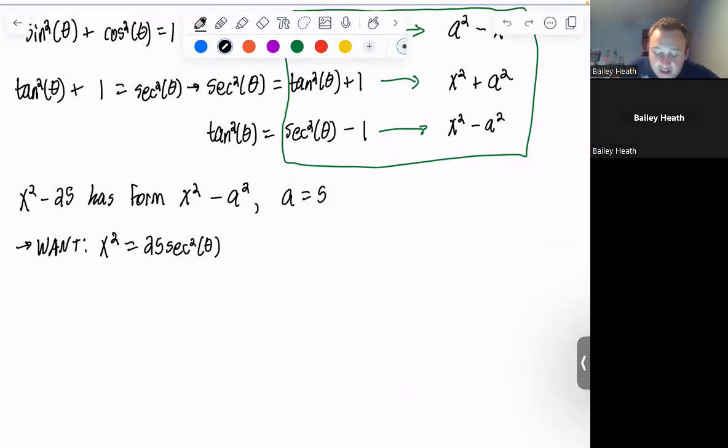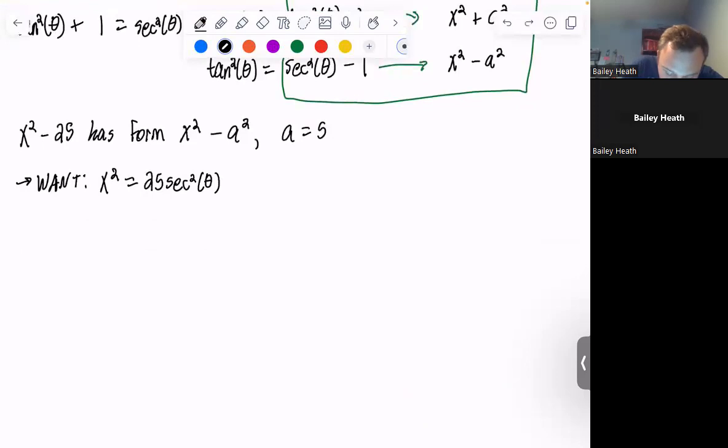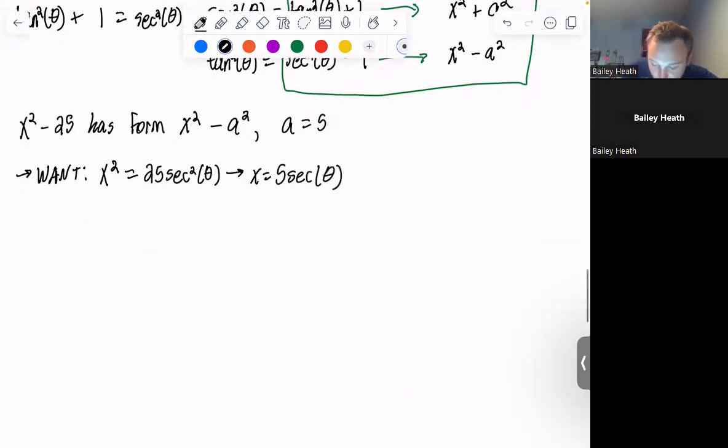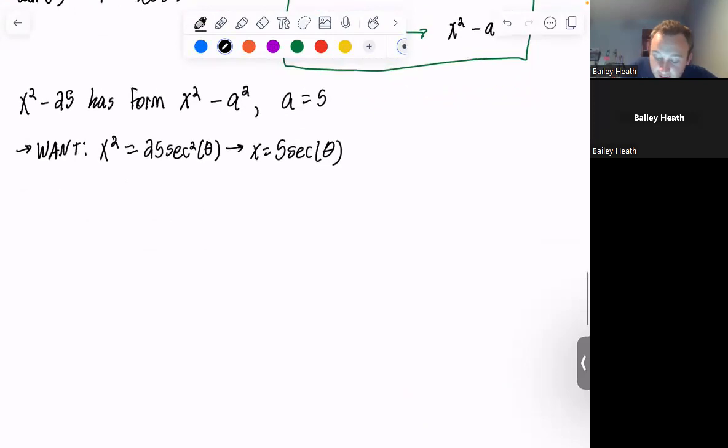So if I want my x squared to be 25 secant squared, that tells me that I want my x to be 5 secant of theta. Now, if x is 5 secant of theta, then my dx is going to be 5 secant theta tangent theta d theta.